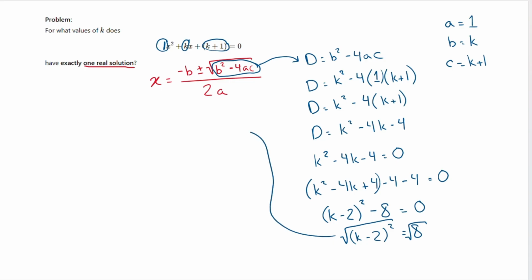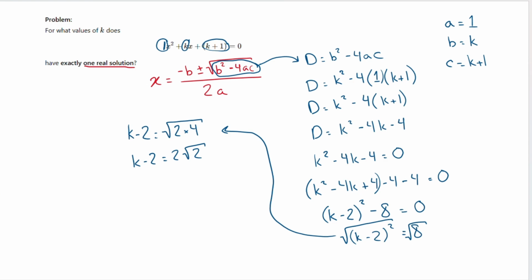You will get k minus 2 equals the square root of 8, which we can simplify. This is the same thing as the square root of 2 times 4. We know 4 is a perfect square. The square root of 4 is 2, so we can simplify this to 2 square roots of 2.